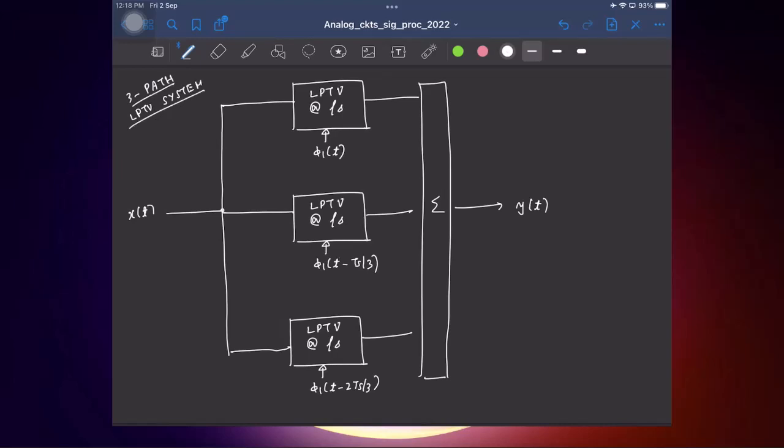Now let us say I apply an input at a frequency f. What frequency components will I observe at the output? It will be f plus k times 3fs.